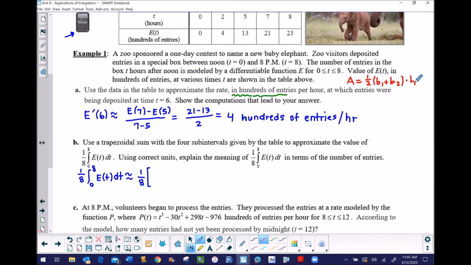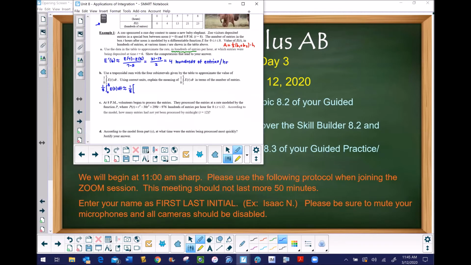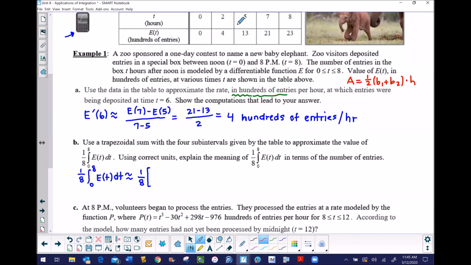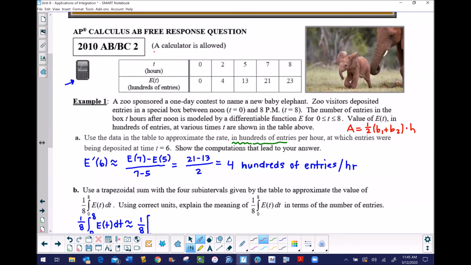And we just have to remember that the height, once again, is just really the gaps in between each of these intervals. So from 0 to 2, we have 2. From 2 to 5, there's 3. You can tell that the h is not consistent.